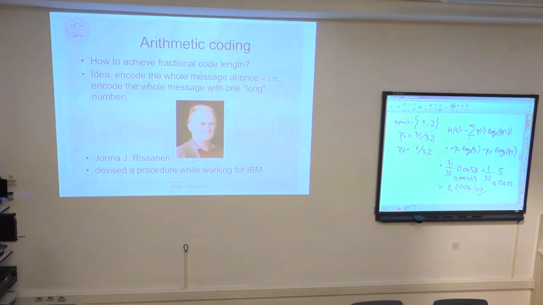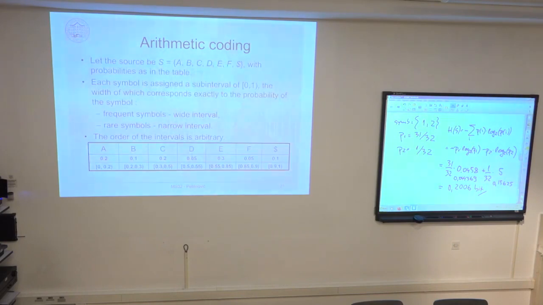So his idea was, why not construct one number that would represent the whole message. The technique he used to construct this number is rather simple, rather straightforward. It's quite astonishing that nobody else came to this idea before.